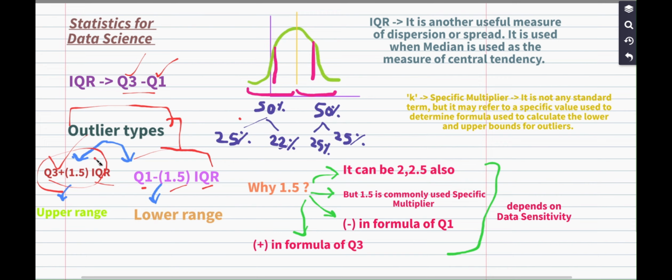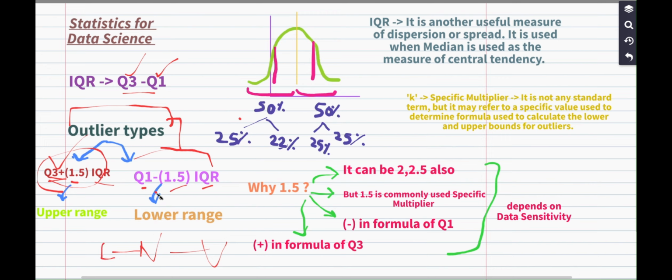I told that 1.5 is nothing but a specific multiplier that we use to increase or decrease the range of the outlier. If it is the upper range, we add 1.5 into IQR to the 75th percentile, that is Q3.